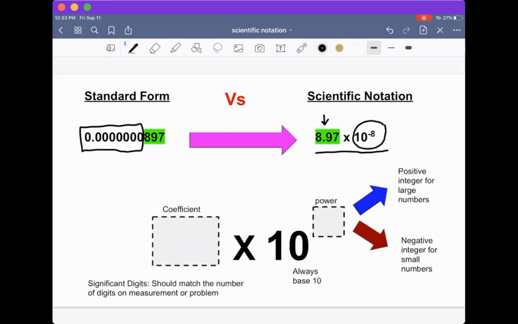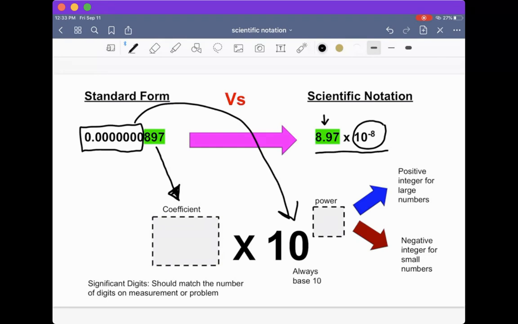So basically, the main point of that number there, our 897, is going to be our coefficient. These are the important numbers in your measurement, so we're going to keep those. The times 10 is going to eliminate all of those zeros.